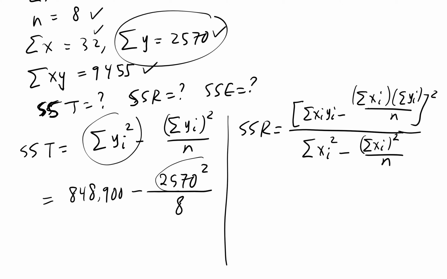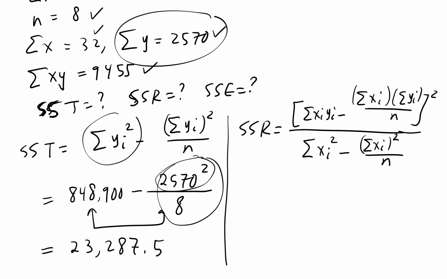So first you do the squaring, divide the result by 8, then you do this minus this. And we got a value of 23,287.50. That's the SST.